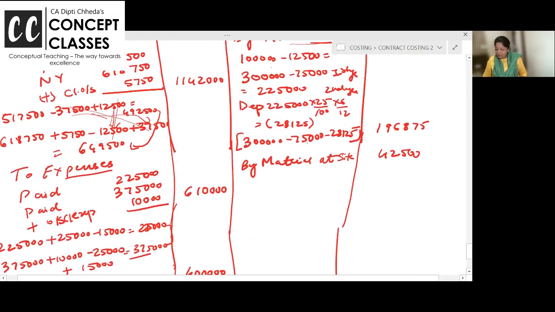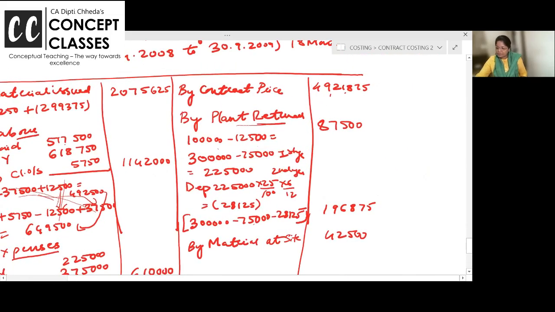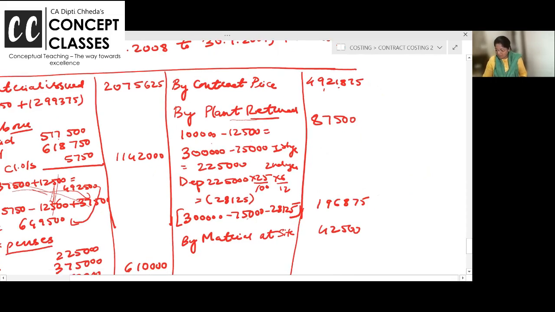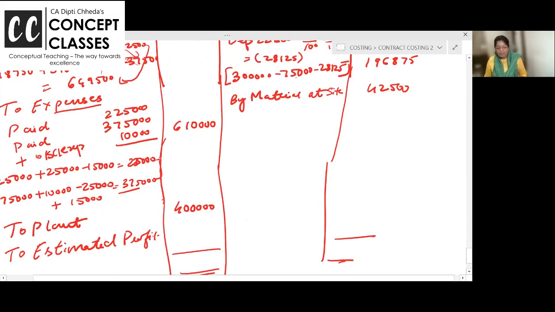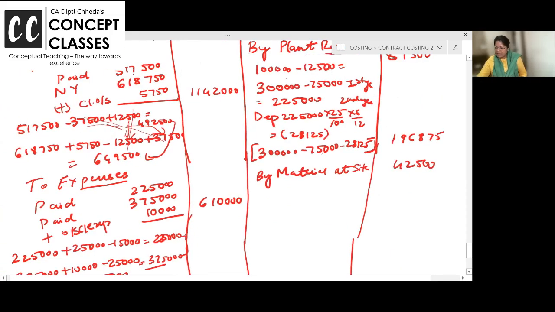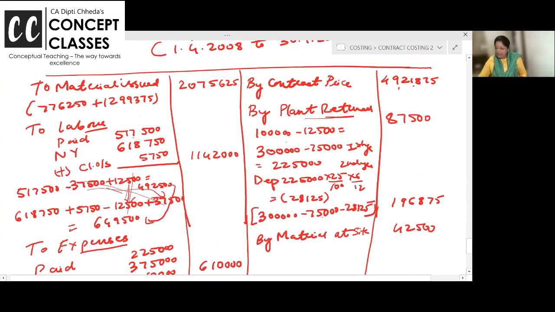How much is the total credit side? 52,48,750 is the total. How much profit is coming?